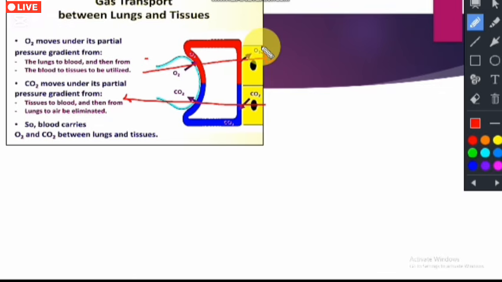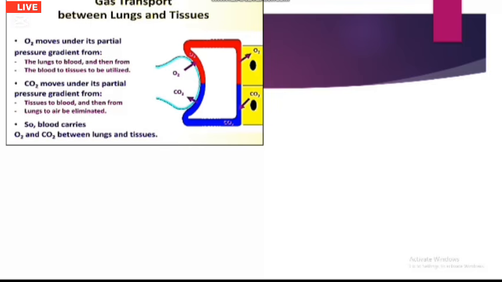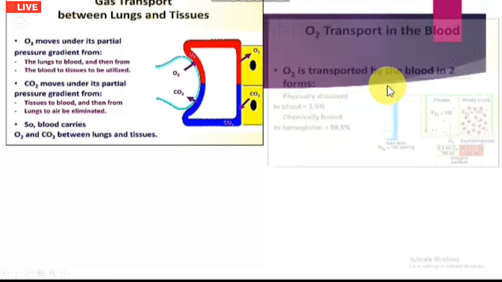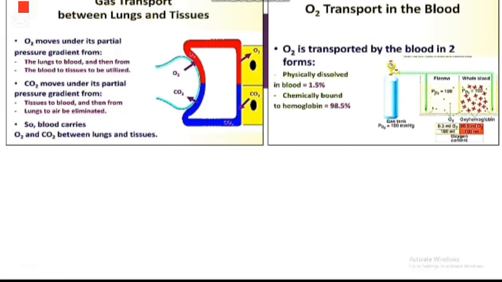So in gas transport, we'll first look at what is called oxygen transport. That is transportation of oxygen. And when we are done with oxygen transport, we'll now have to look at transportation of what?